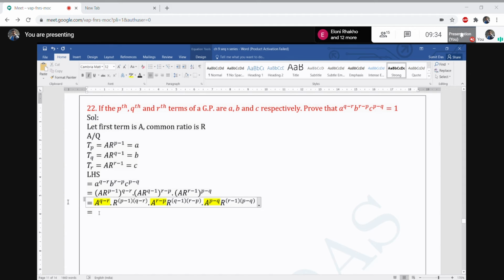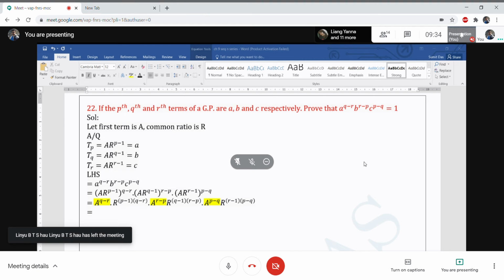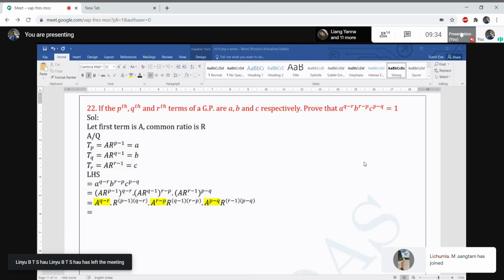Look, here it is the product A to the power Q minus R into A to the power R minus P into A to the power P minus Q, and the base is the same. In the product, if the base is the same, what will happen to the power?